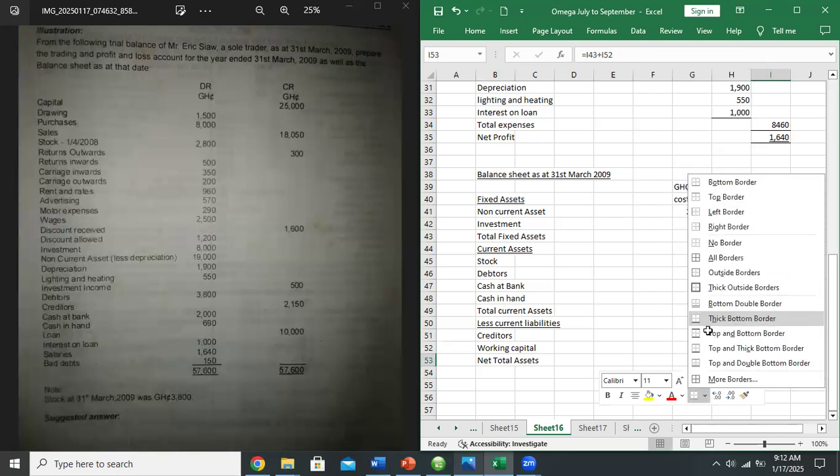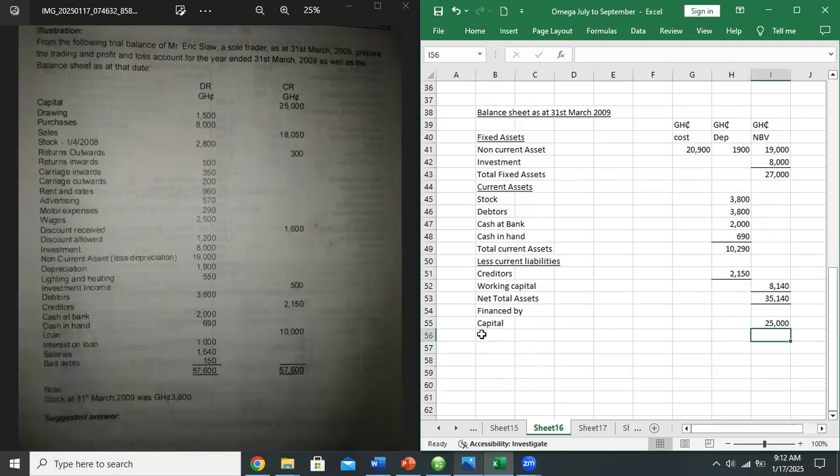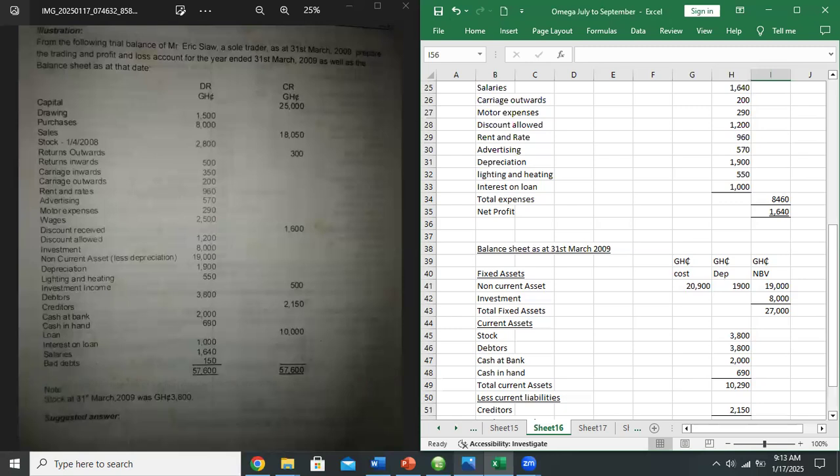Is there any question? Then we now move to the financed by column. As you all know, that section begins with the capital. Then we have the capital of 25,000. When you bring the capital, you do two things to it. You less drawings and you add the net profit. There's drawings of 1,500, and we also had a net profit from our profit and loss account.